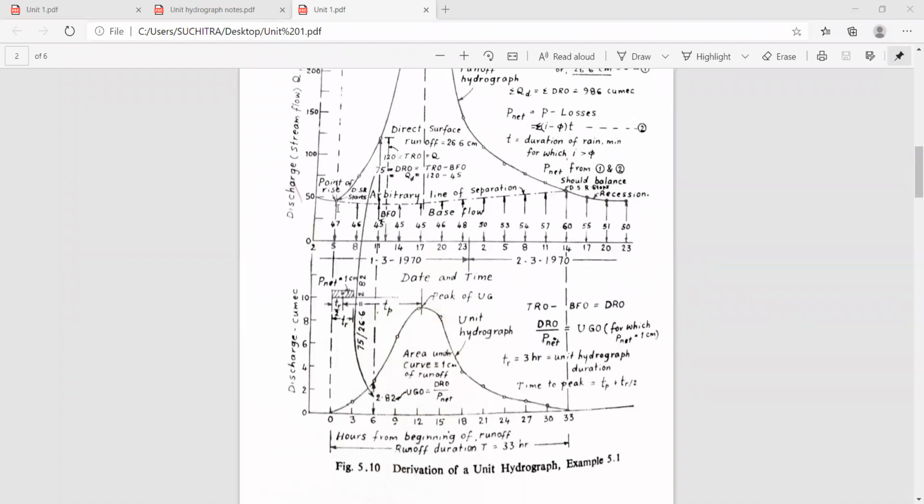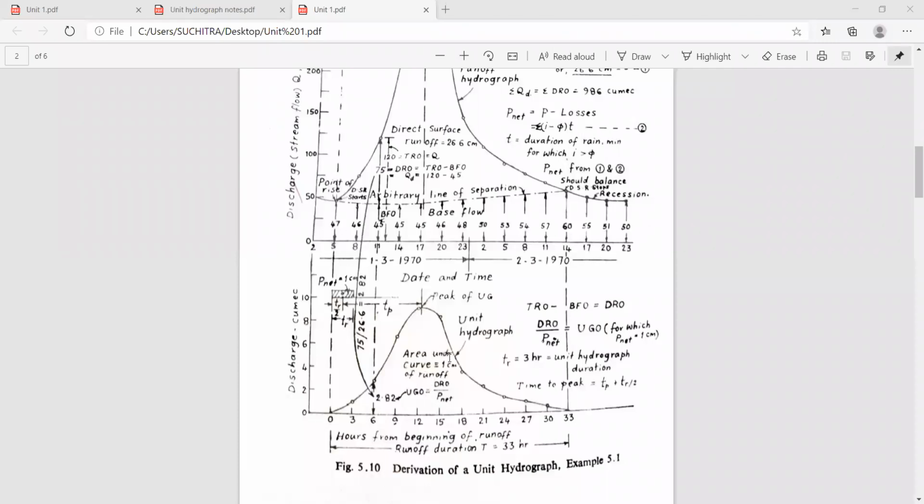Now you can see here the unit hydrograph starts from the point of rise of the total runoff hydrograph. This is the starting point of the total runoff hydrograph, so the point of rise of the hydrograph will be the starting point of the unit hydrograph. Whatever figure you see is the ordinates of the unit hydrograph.